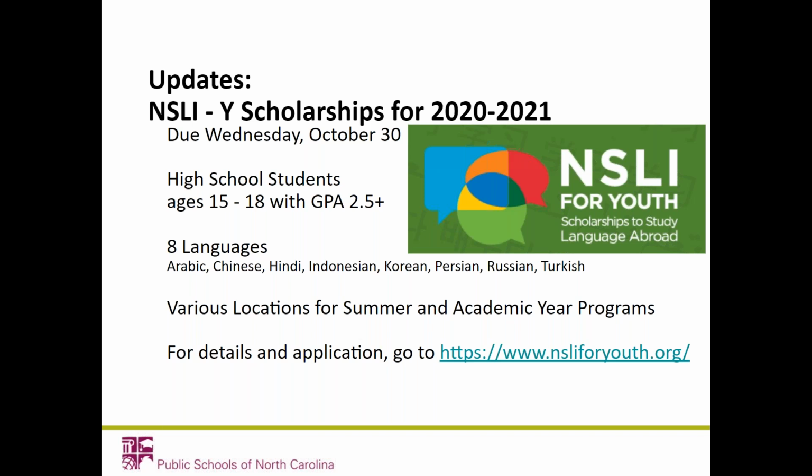Details are available on the website that you see posted there, and I would encourage you to look at that eligibility and share this information with your high school students, particularly if you have a DLI program that has reached the high school level, because sometimes our high school cohorts are looking for opportunities like this to expand their language proficiency even into other languages, or perhaps even more significantly in their DLI program language.